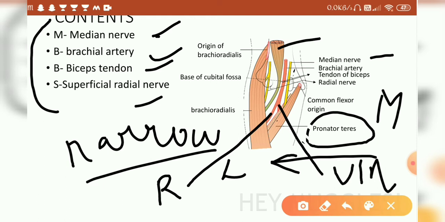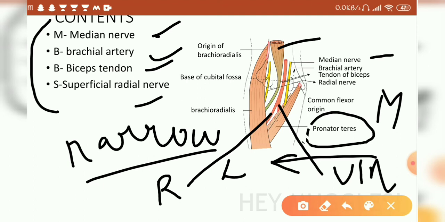At the level of your lateral epicondyle, it divides into superficial radial nerve and deep radial nerve, right? And the superficial radial nerve passes downwards under the cover of your brachioradialis muscle.